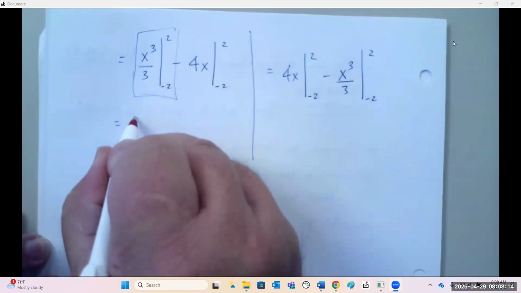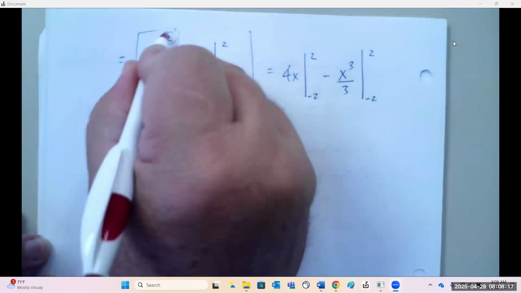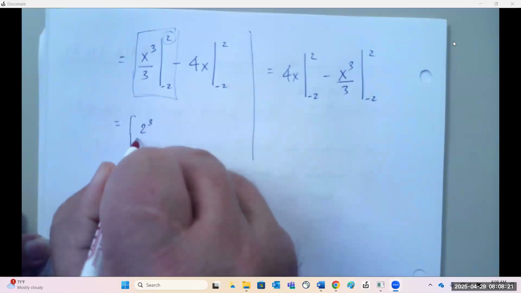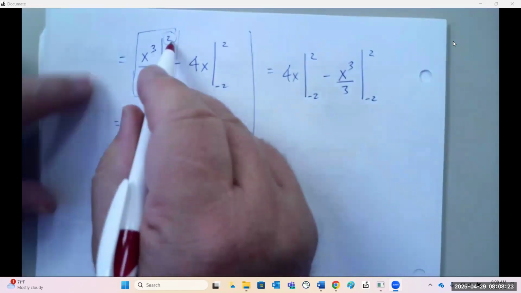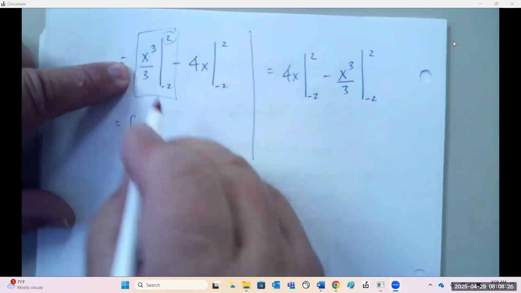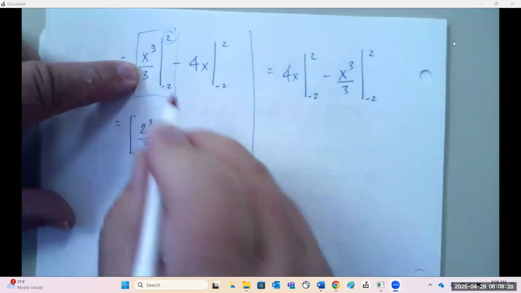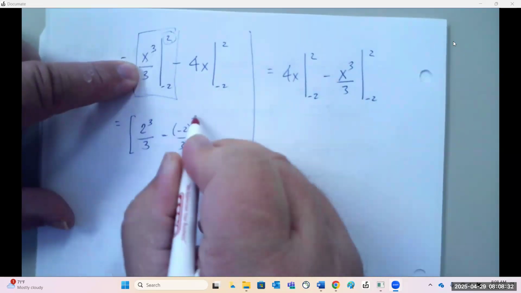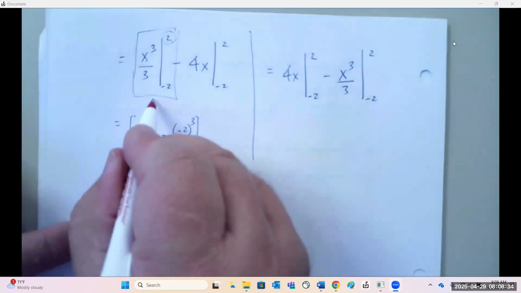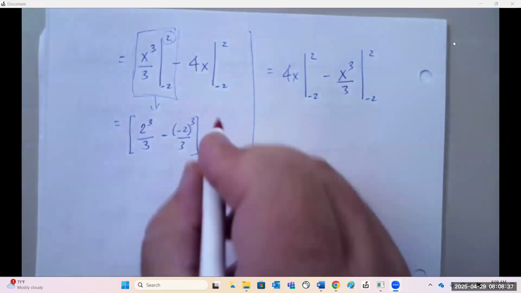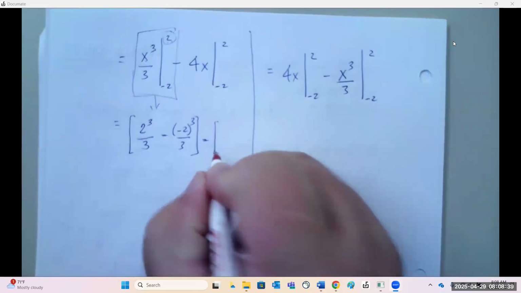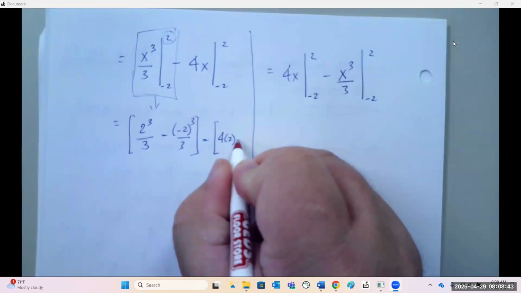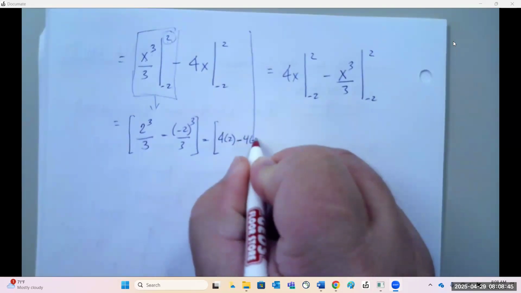This finds the area. So start off with the upper limit, and that goes in place of x. So x becomes 2, so 2 cubed over 3 minus -2 cubed over 3. That's this first part. Minus 4 times 2 minus 4 times -2.